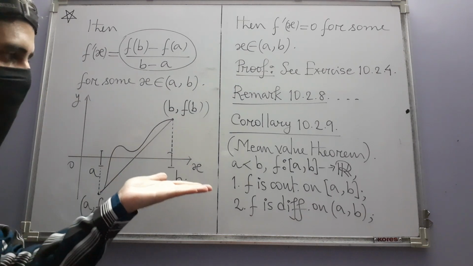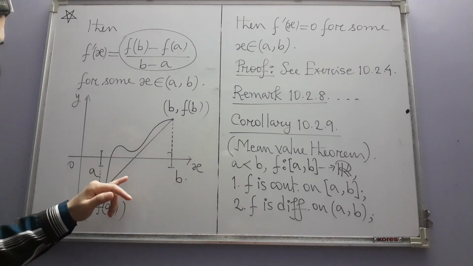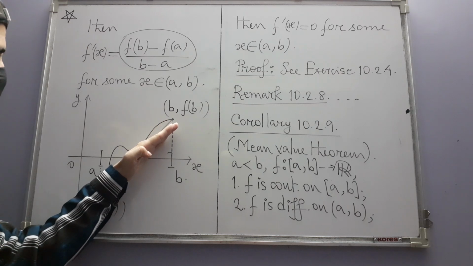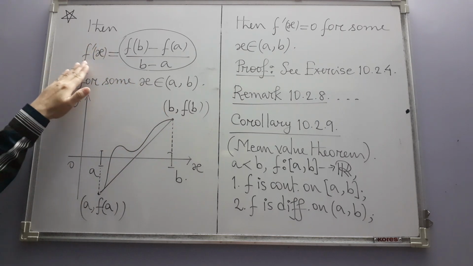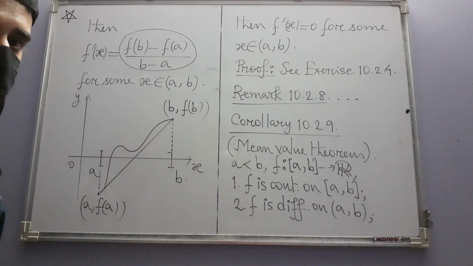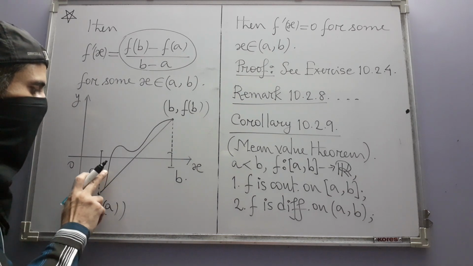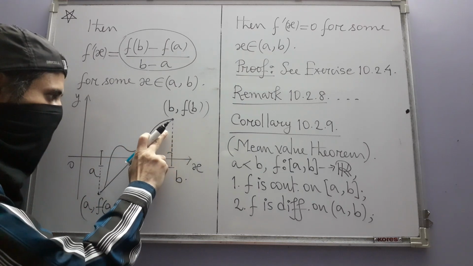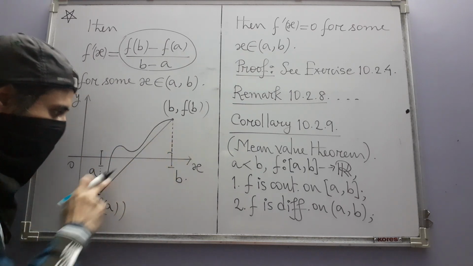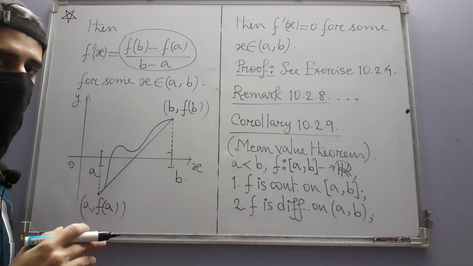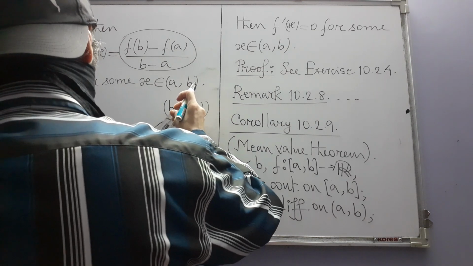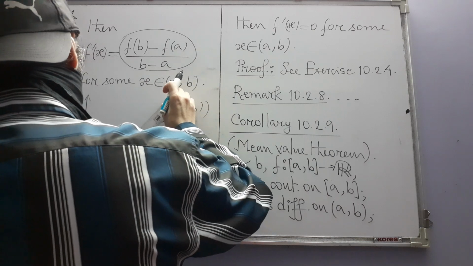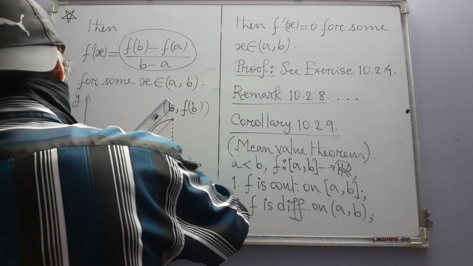What the mean value theorem is claiming is that this slope is equal to the slope of the tangent to this graph at some point. In other words, there will be a tangent to this graph that will be having the same slope as this. That is, that will be parallel to this secant line. And there are multiple points like that. One of them is this.